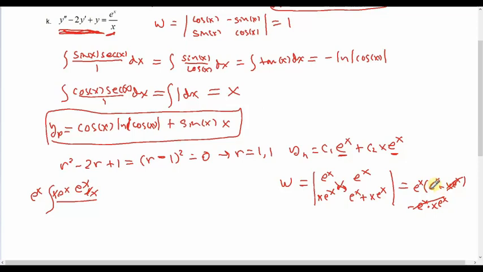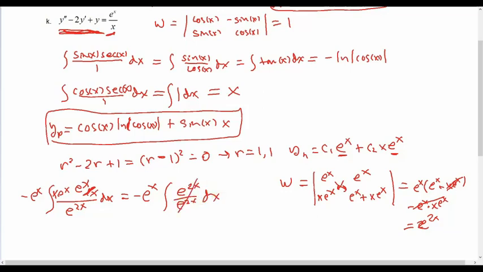I just get e to the x times e to the x, which is e to the 2x. So that's what's down here. But this integral sets up nicely. This is supposed to be a minus, so I'll have minus e to the x in front. I've got an x that's going to cancel here in the numerator, and then I'll have e to the x times x is e to the 2x, so it just works out real nice.